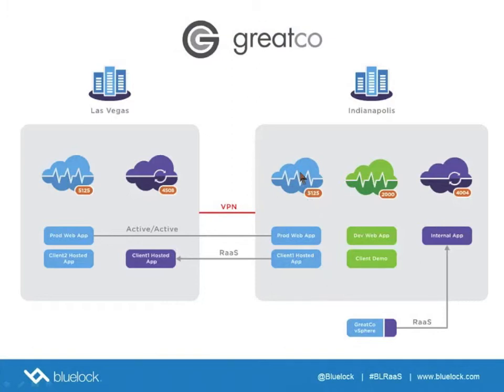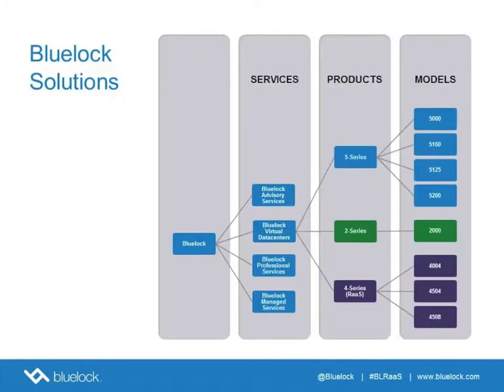This 5125 here is actively being backed up by a 4 series in Vegas, so in case something would happen to Indy, you'd be able to recover in Vegas. But then in this example, you've actually got someone here with their vSphere environment in their own private data center backing up an internal application to a 4 series in Indianapolis. So hopefully that gives you a general sense of what it would look like if you put all the Legos together on one slide.